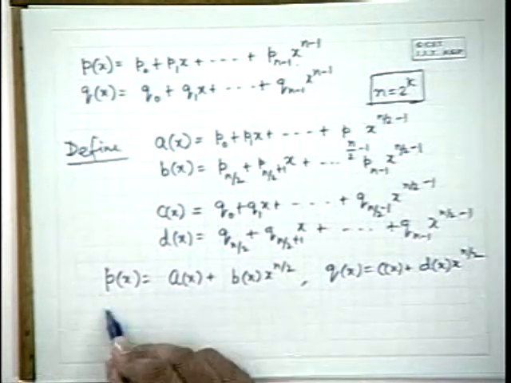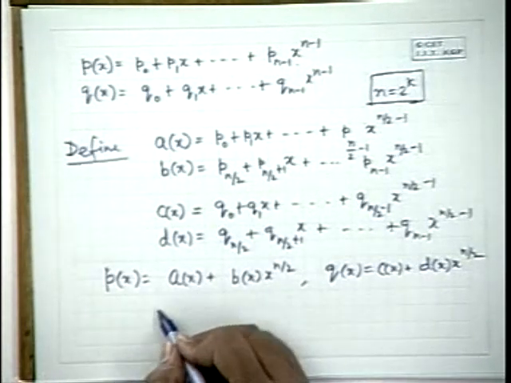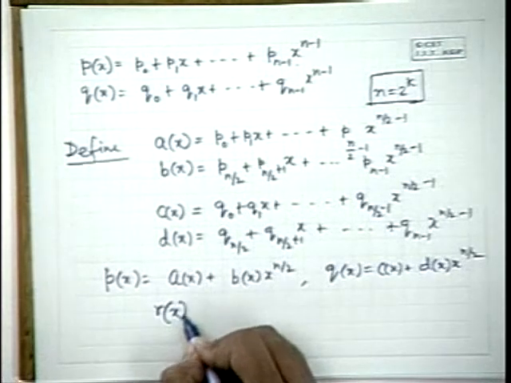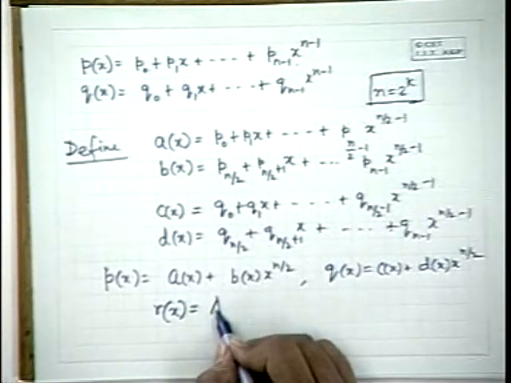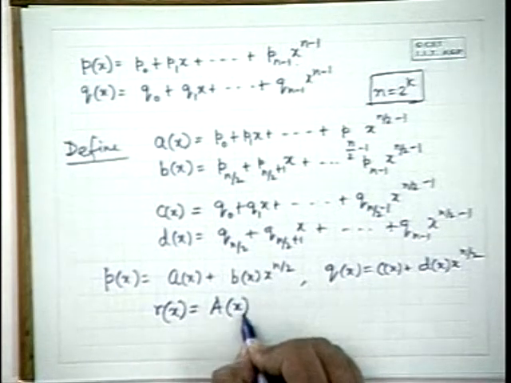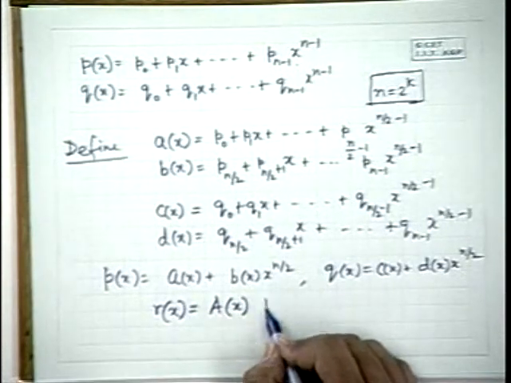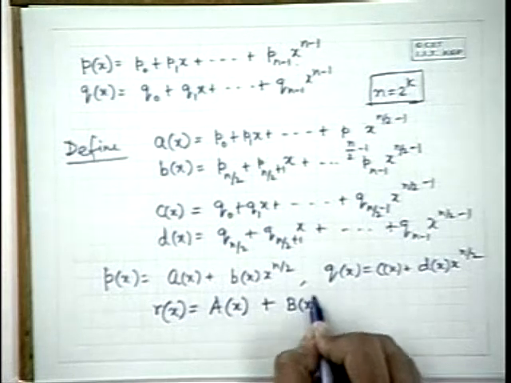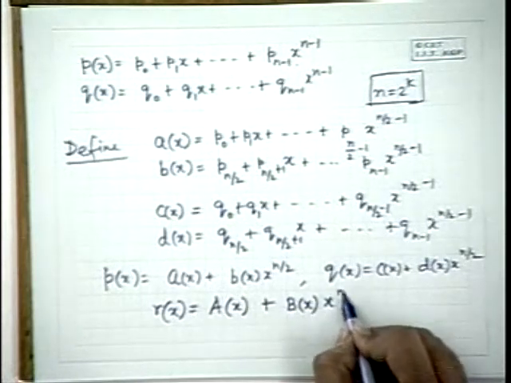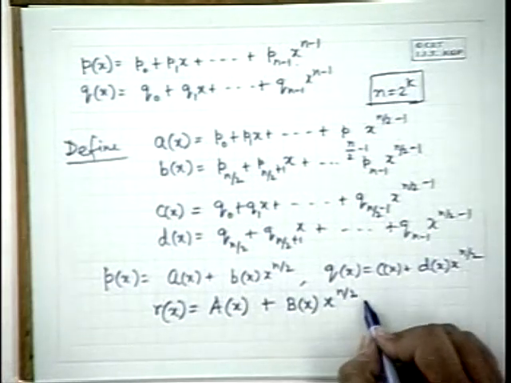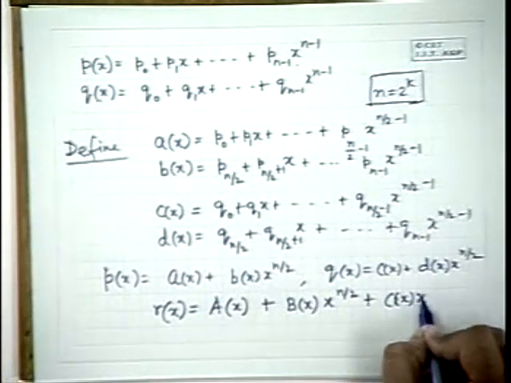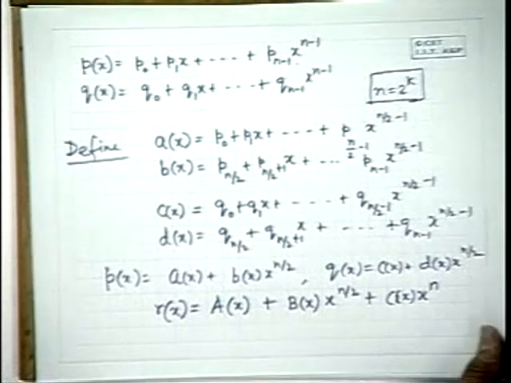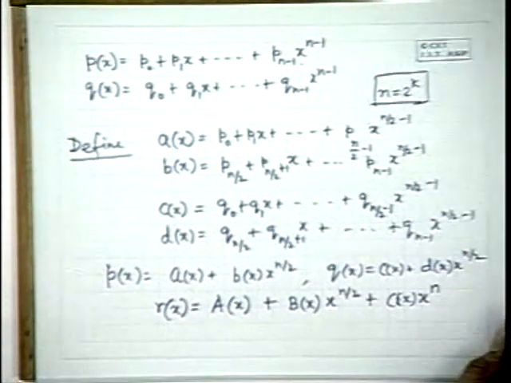Now, when we multiply px and qx, we get the new polynomial Rx, which has three components: ax plus bx, which has to be multiplied by x to the n over 2, plus cx, which is x to the power n, where a, b, c I am going to define.